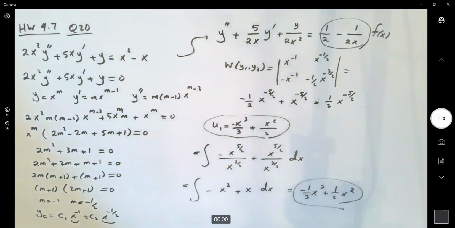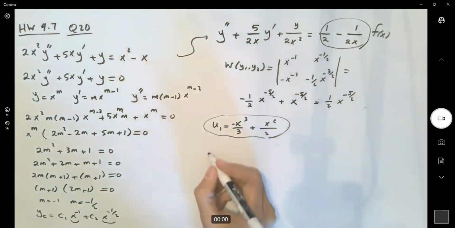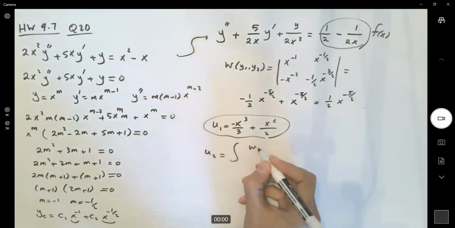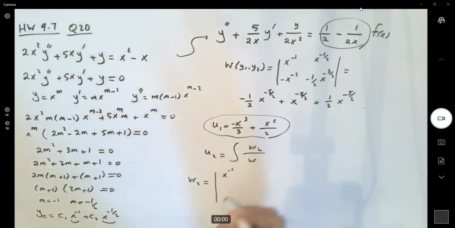Well, to find u2, you need to follow the same process. u2 is the integral of w2 over w, where w2 is, well, our y1 is x to the -1, so its derivative is -x to the -2, and you have 0, and your f of x, which is a half minus 1 over 2x.